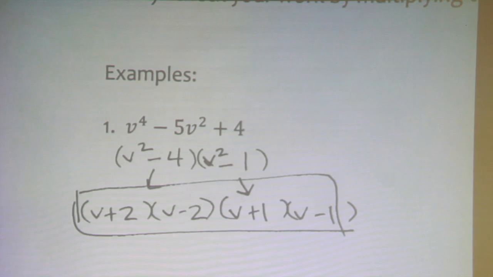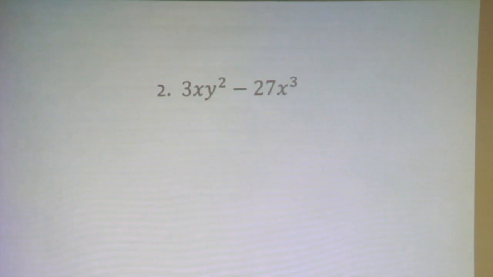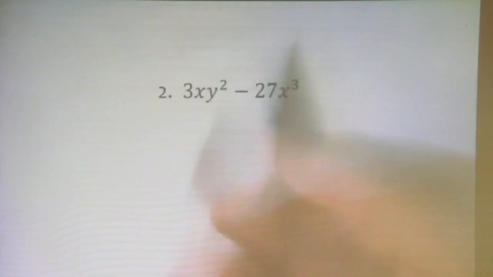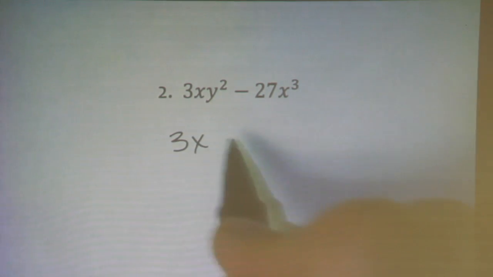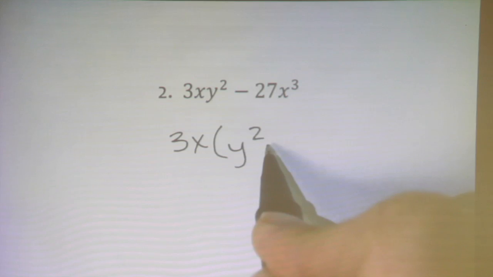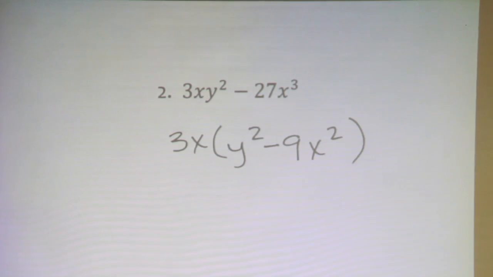All right, second example. 3xy squared minus 27x to the 3rd. First thing is looking for a GCF, a greatest common factor. Both terms have a 3 and an x in common. Once you take that out, you're left with y squared minus 9x squared.